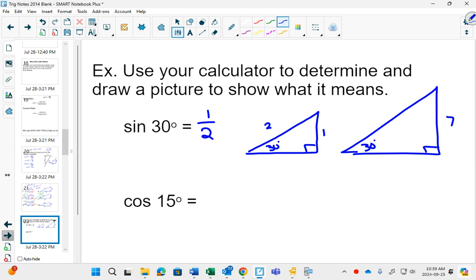If this side is 7, how long is the hypotenuse? 14. Because the ratio of the opposite over the hypotenuse has to be 0.5. And 7 over 14 reduces to 1 over 2.